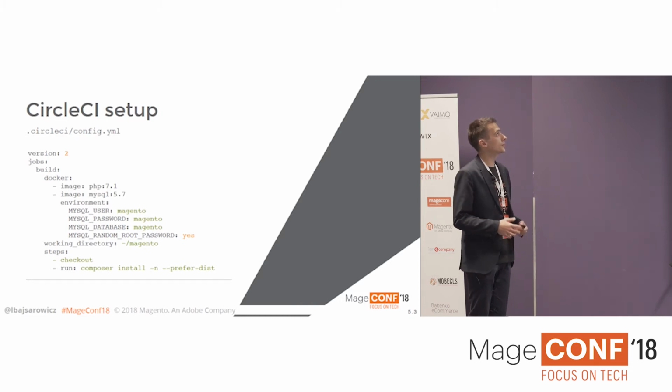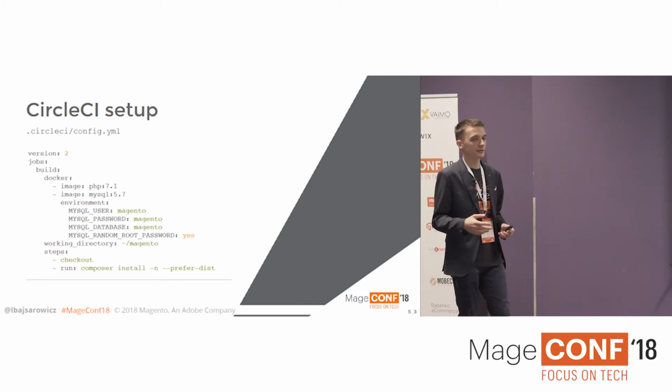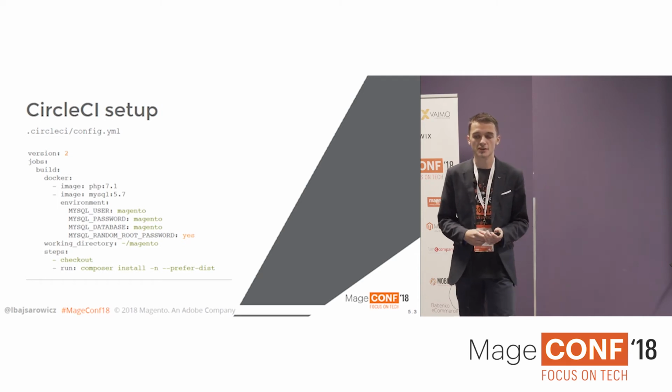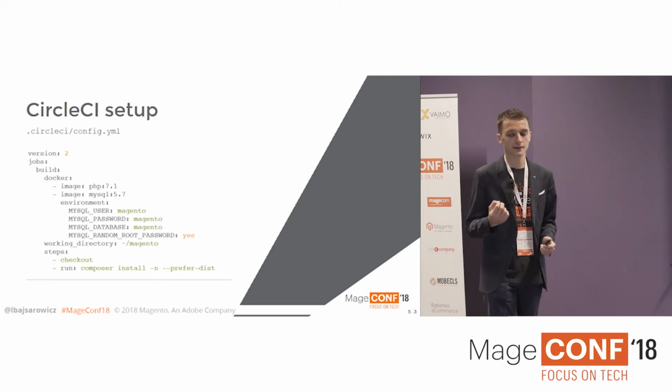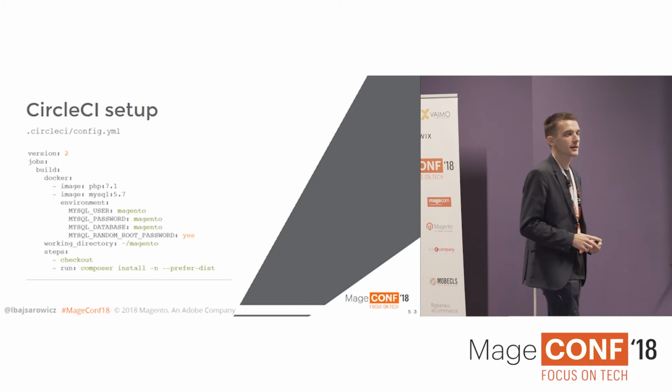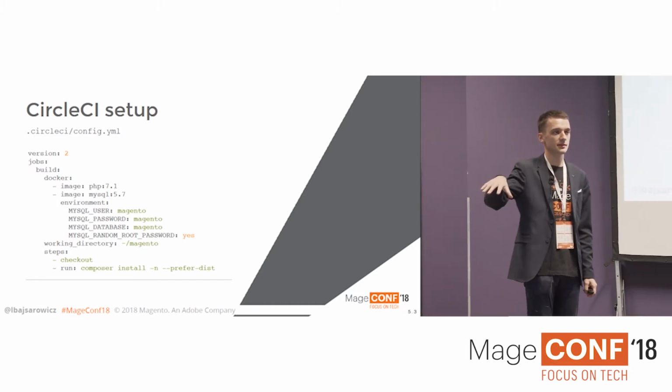You configure it in the most easygoing way. You configure it just to build the application. You provide which Docker images are used, and in CircleCI it works like you have access to the first listed image.